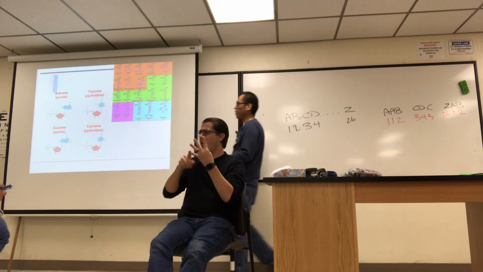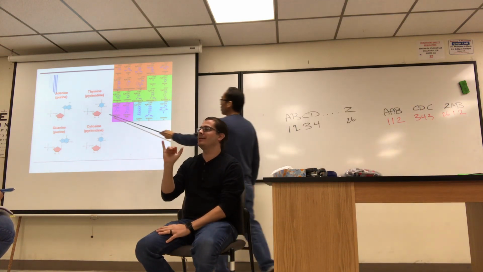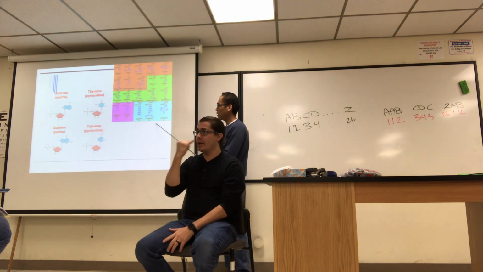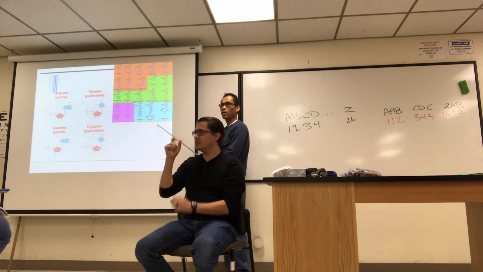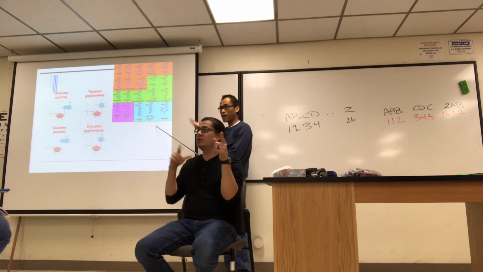So how do you code for 20 things from 4 molecules? Well, the one thing we could say right off the bat is it's not a one-to-one relationship. Thymine can't just code for one amino acid. Because if it was one-to-one, how many amino acids could you code for? 4. But how many are there? 20.